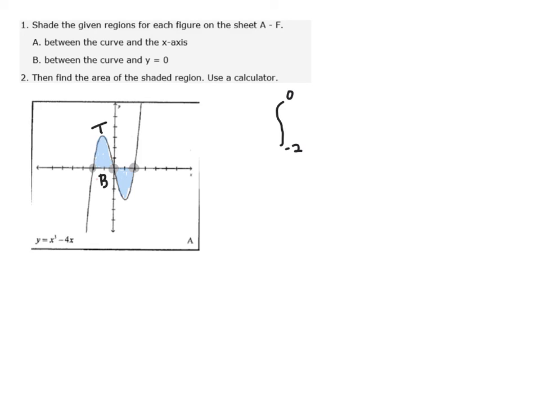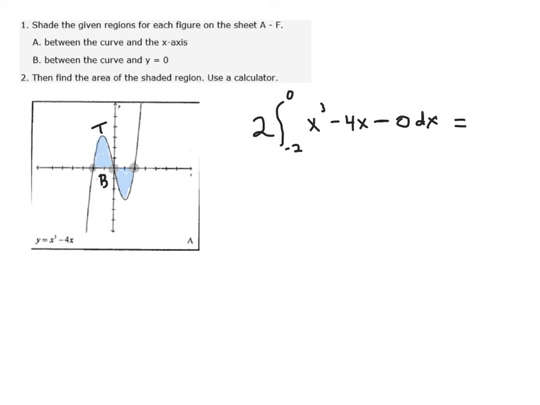Where the top is the function that's given, which is x to the third minus 4x, minus the bottom, which is y equals 0. And that gives me that area. Now, if you're paying attention, you kind of see that those 2 areas are probably the same. They're the same areas, right? So I could literally just stop, put a 2 here, and that would give me area.